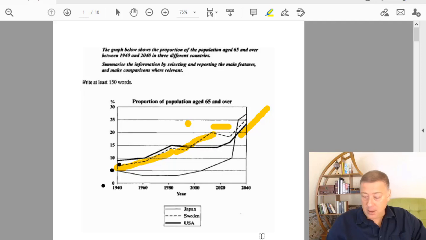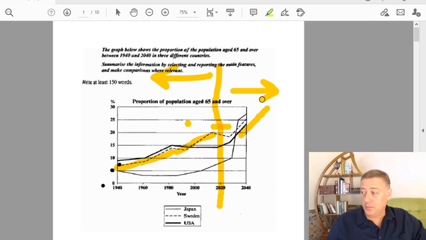So the other thing to think about is the time. So it's 2020. Here we're going to be talking about the past, and here we're going to be talking about the future, so language of prediction.